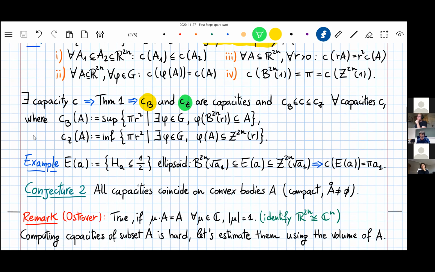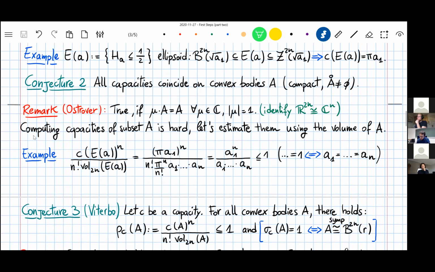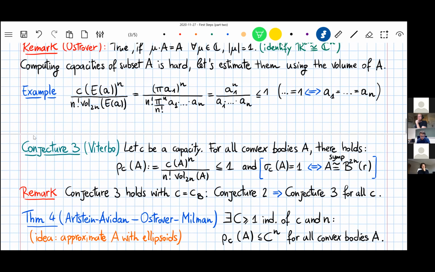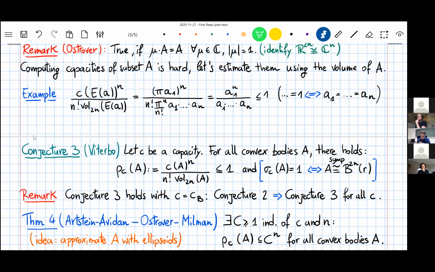There is also another hint, a nice observation by Ostrover, which I took from a paper by Hutchings, Guth, and Ramos.